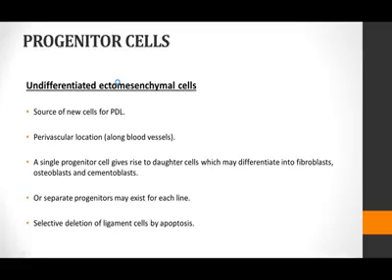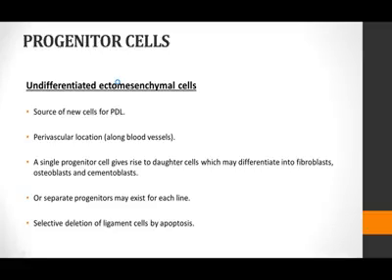So whenever a type of cell is needed within the PDL space, these undifferentiated ectomesenchymal cells receive that stimulus and differentiate into the particular cell type required. So they are basically a source of new cells within the PDL.